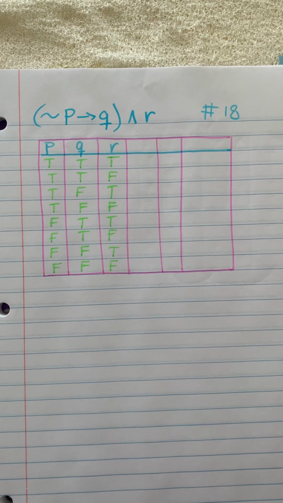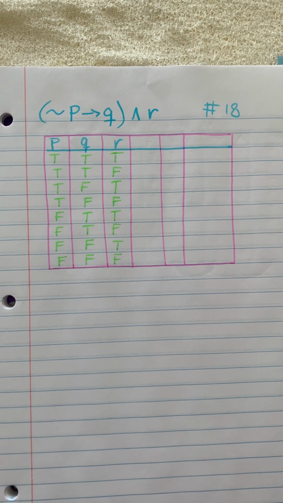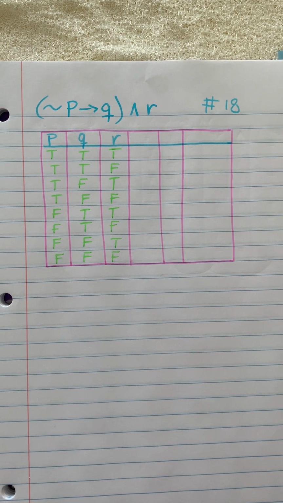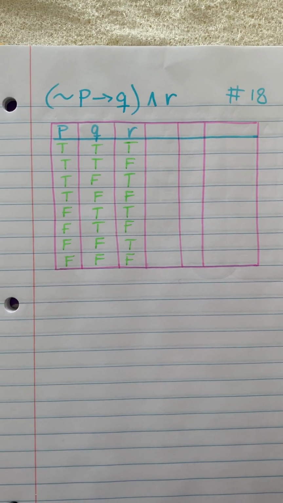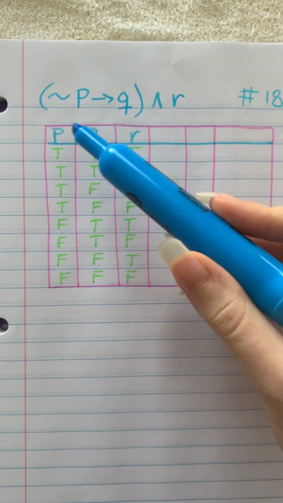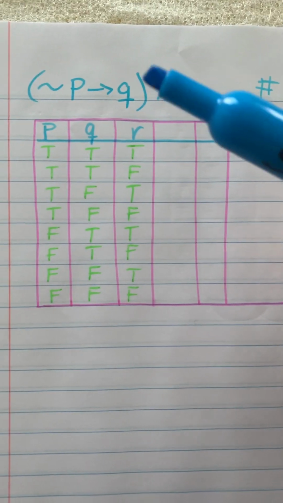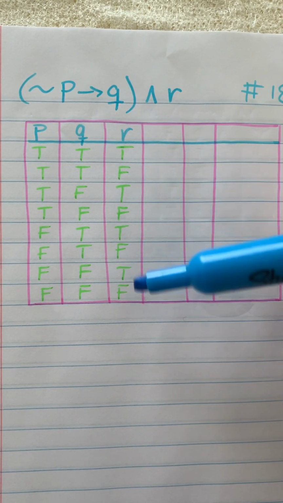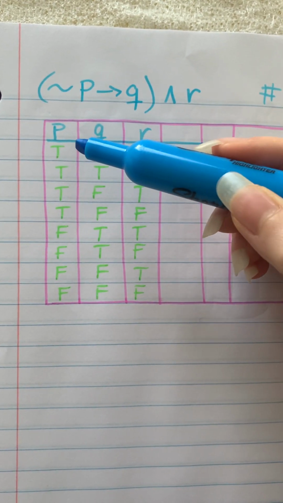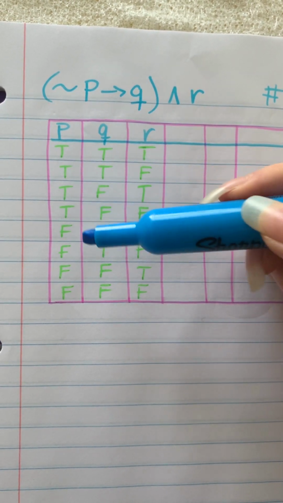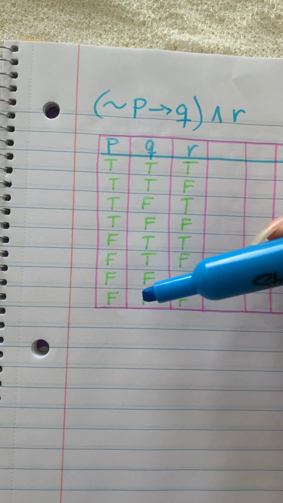Okay, so we are going to work on this problem, which is number 18 from section 3.3 in module 3, or chapter 3, which is basically not P, if not P, then Q and R. So we have P, Q, and R already written down in the automatic pattern, which is for P, true, true, true, true, false, false, false, false, which is the 4 trues and the 4 falses.